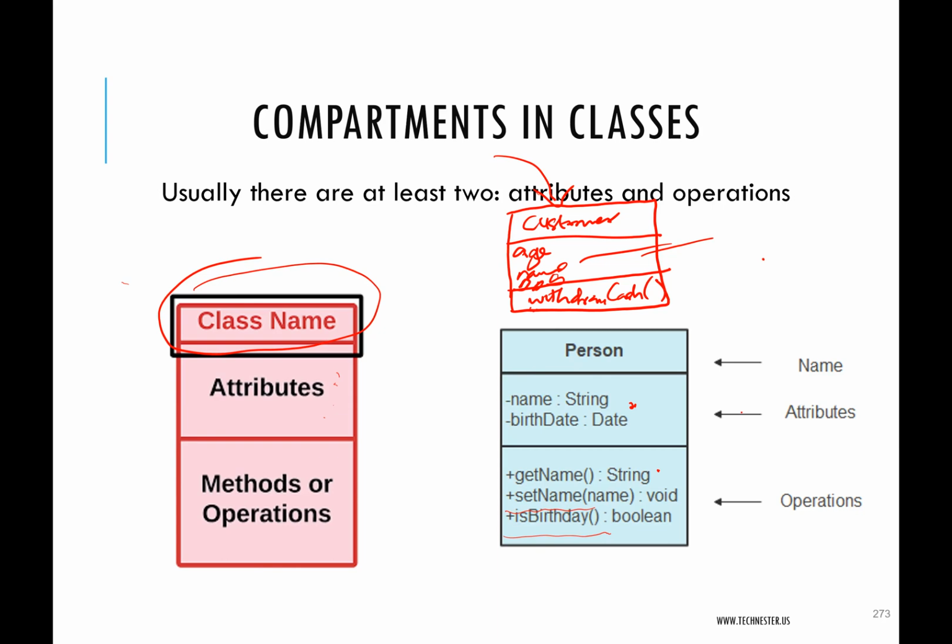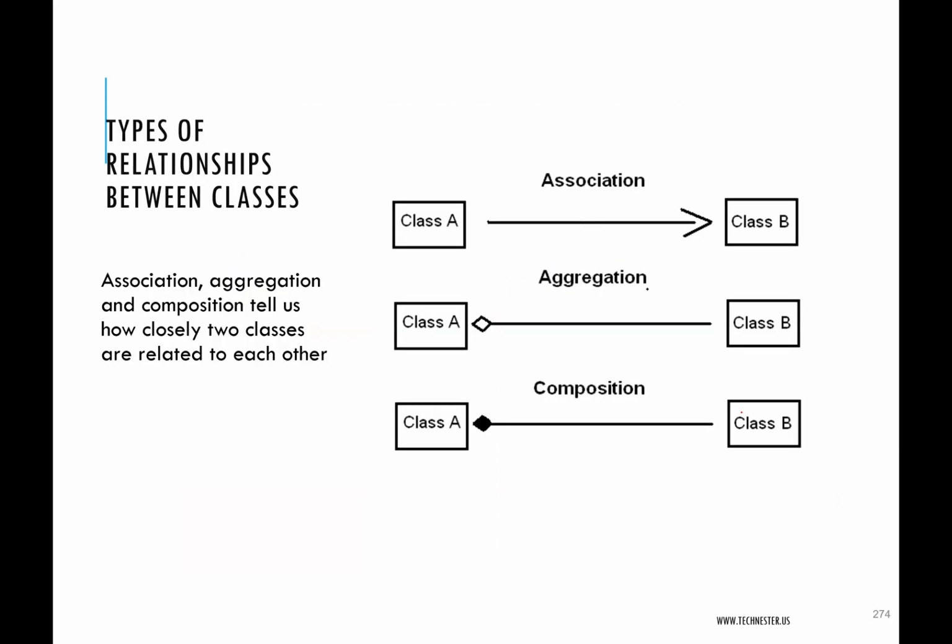So let's see the different types of relationships that can exist between classes. We have three types of relationship that can exist between two classes. You can have an association relationship, and we have been dealing with association already in our discussions on use cases. We dealt with association relationship extensively. One type of association that we looked at is just that an actor can do something, right?